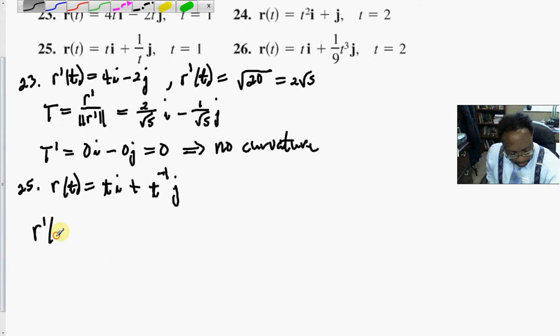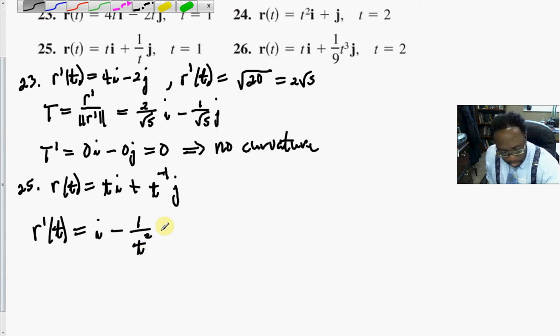So r prime of t is equal to i minus 1 over t squared j.